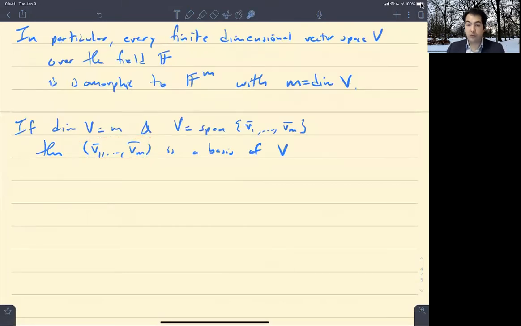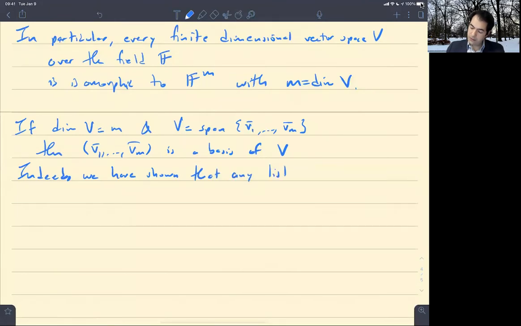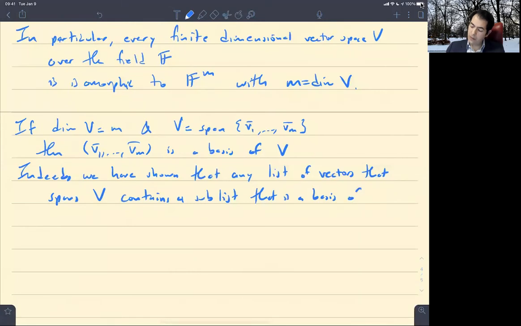So a basis always comes with an order. And indeed, we have shown that any list of vectors that spans V contains a sublist that is a basis of V.